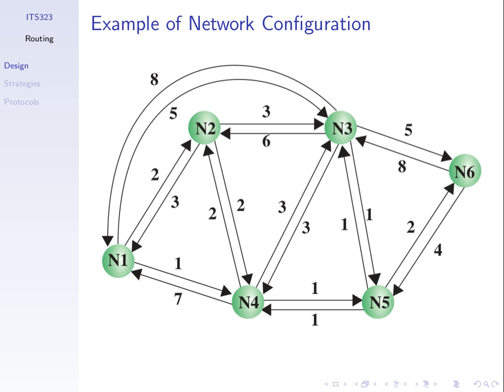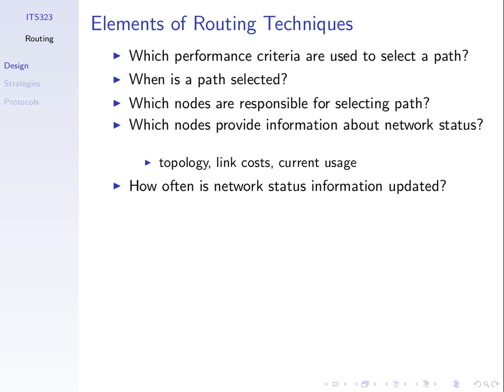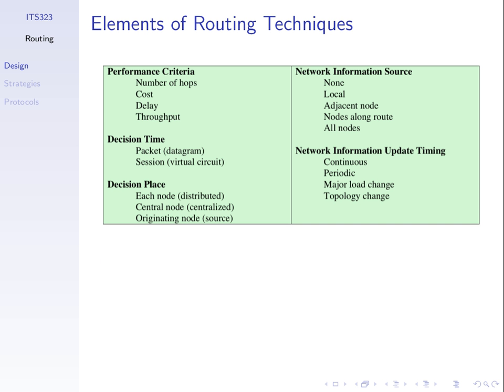That is here. Datagram packet switching per packet. We decide per packet. Virtual circuit packet switching per session or per connection. One of our 3 types of switching from the previous topic.